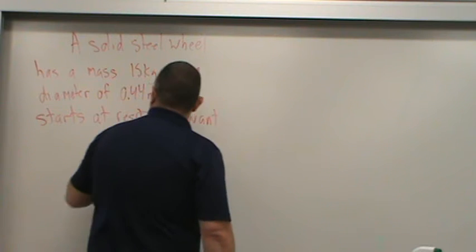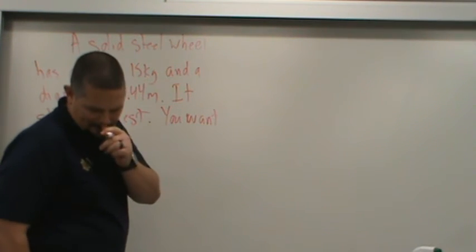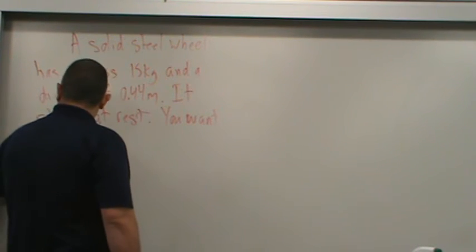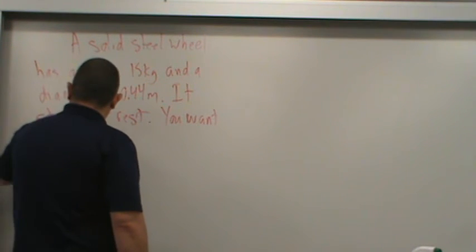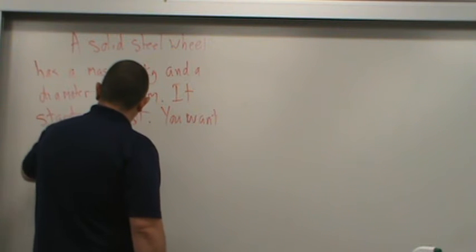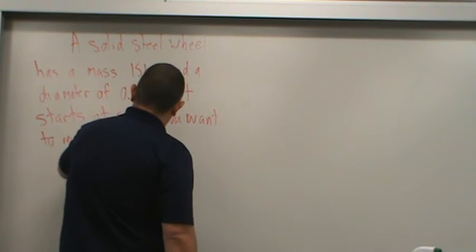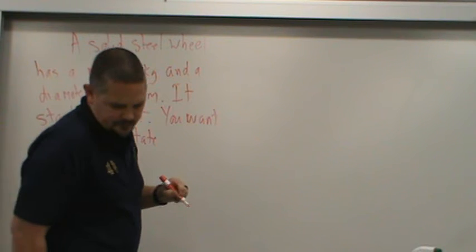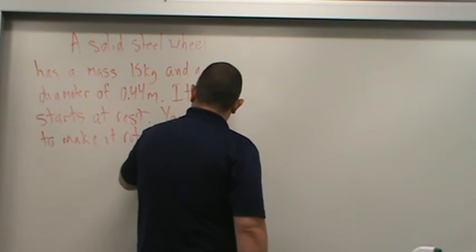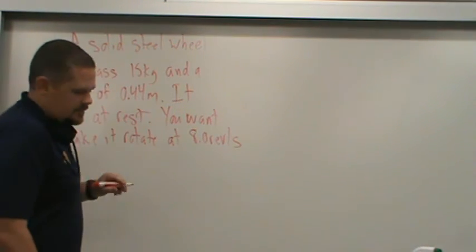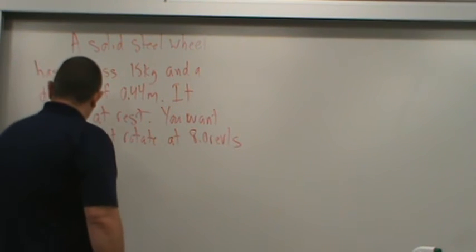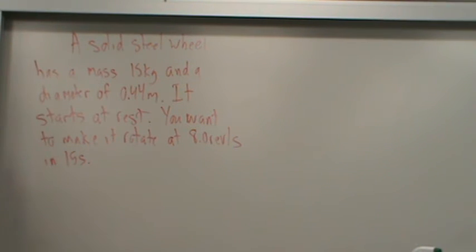You want to make it rotate at 8 revolutions per second in 15 seconds. Now for this problem we have 2 parts to it. We're going to break it up. We'll do A, talk about that, then we'll do B.